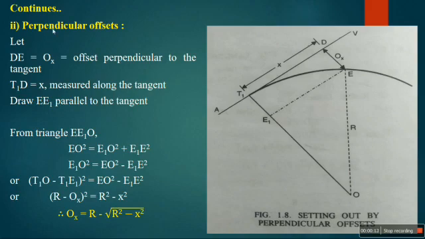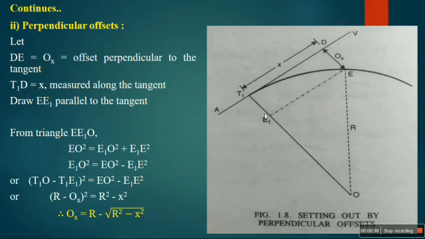Second one, perpendicular offsets. Here DE is the OX, a perpendicular from the tangent, and T1D is the distance along the tangent. Draw E1 parallel to the tangent. Here we have to draw one line parallel to the tangent, and mark this point as E1.